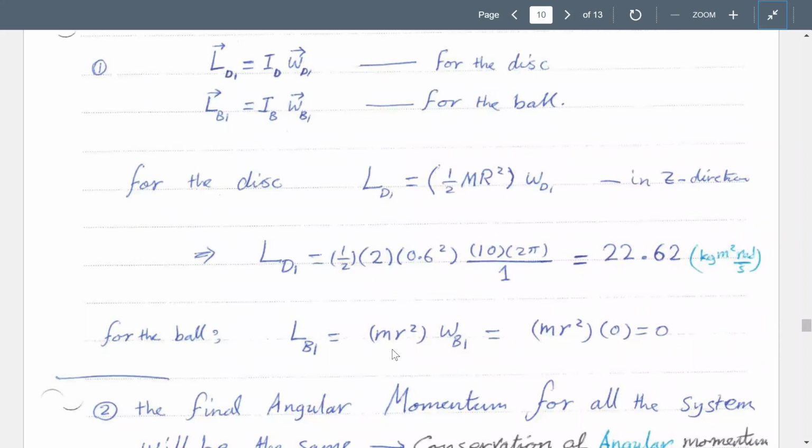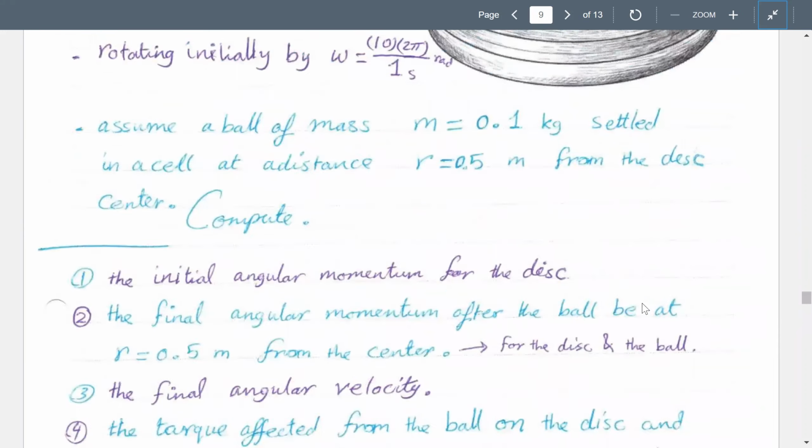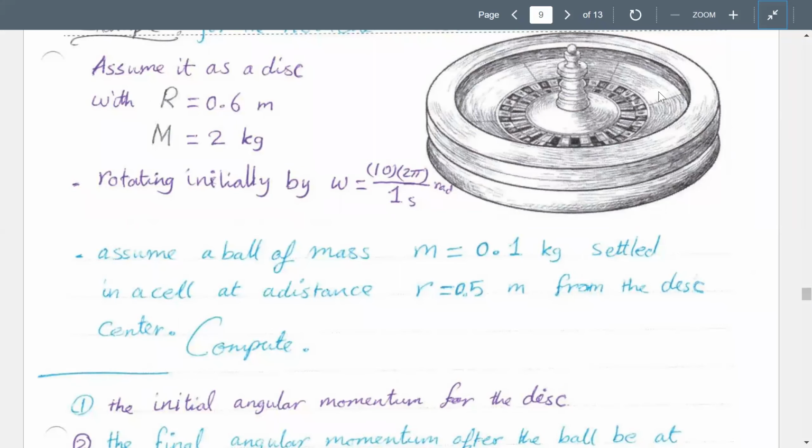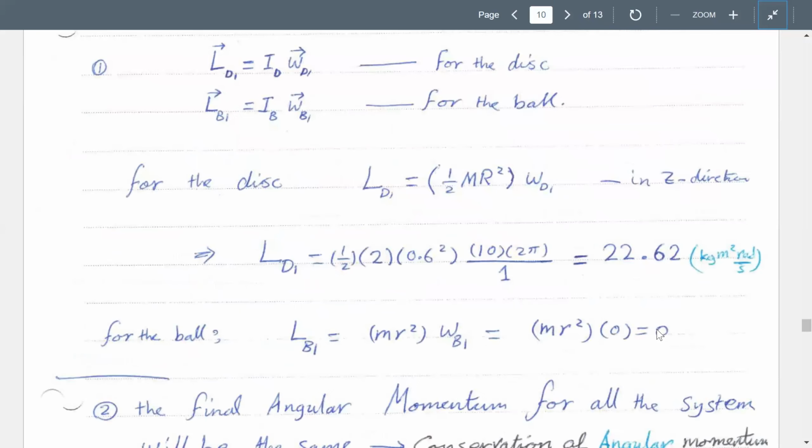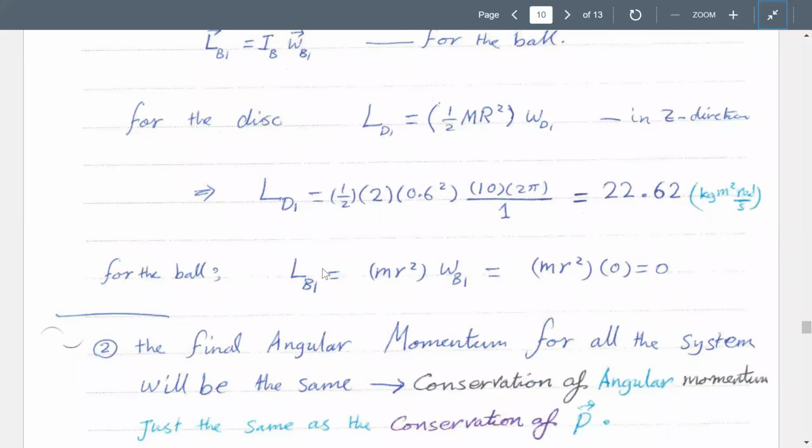Its moment of inertia, it's a point mass, mr², but its angular velocity was 0. It is not rotating. Initially, before our experiment, it has 0 angular momentum. So the total angular momentum for the system is L for the disk plus L for the ball, which is this plus 0, which is this value.